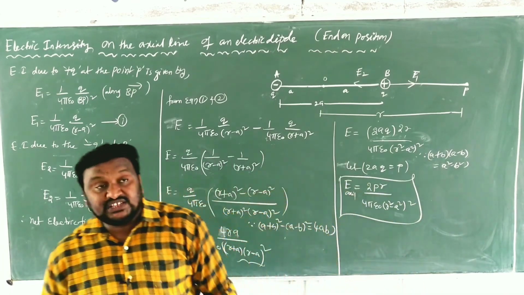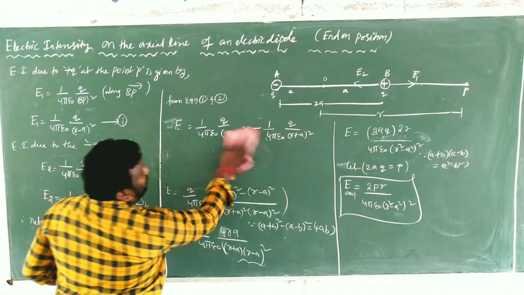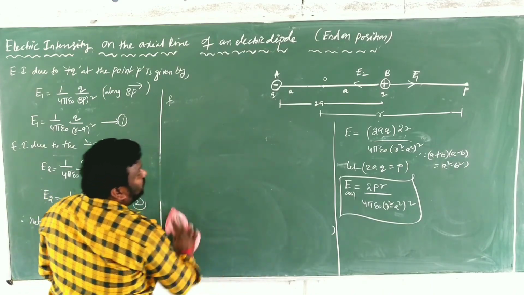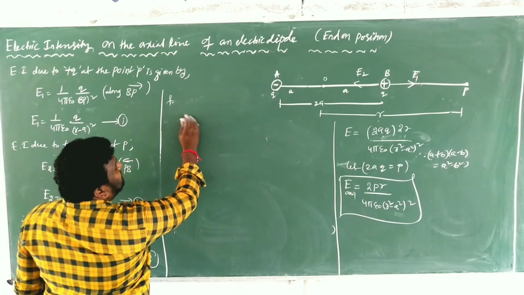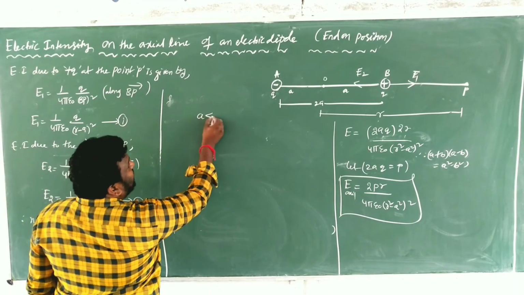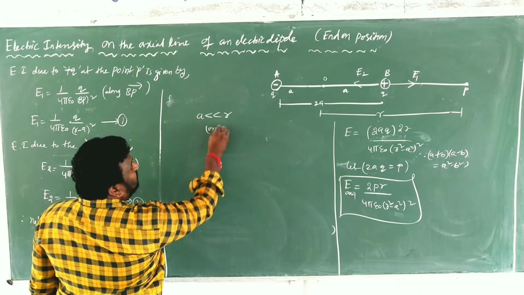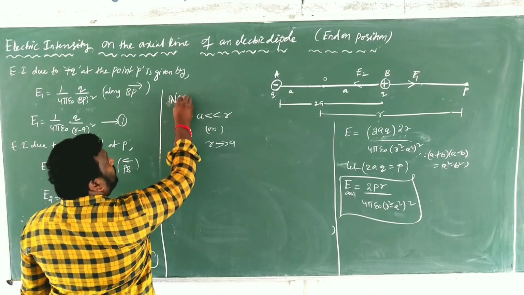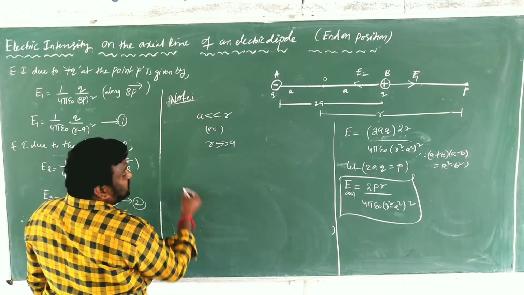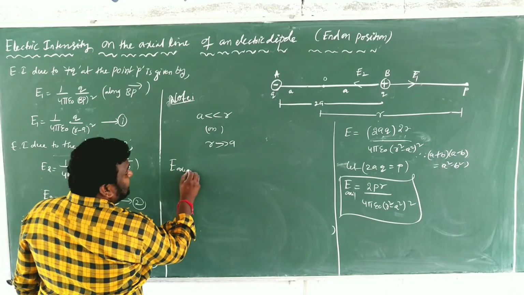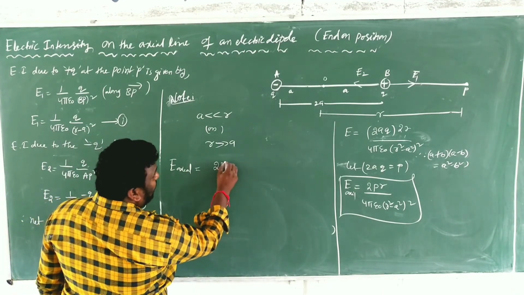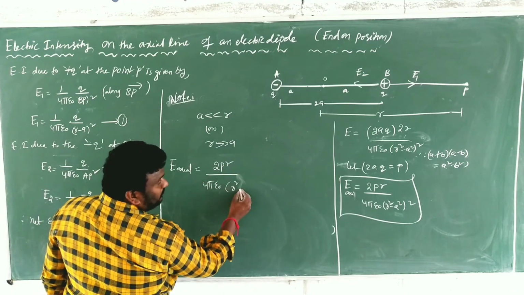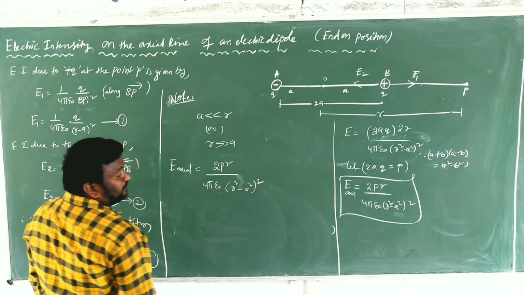So children, there is one special case. From the examination point of view for 2 marks, and for competitive exams, you have to remember that when r is much greater than a, then the equation should be written as electric field intensity on the axial line is equal to 2pr by 4 pi epsilon naught into (r square minus 0 square) whole square.